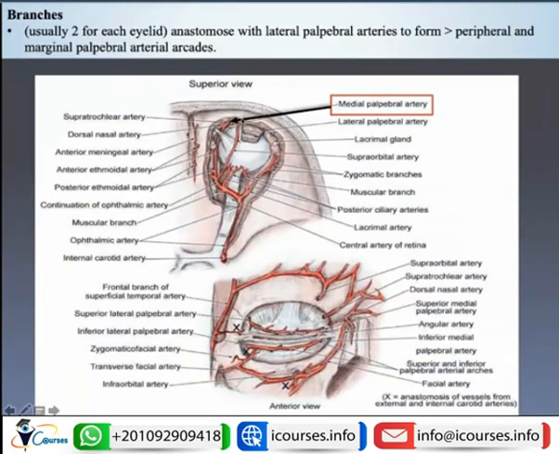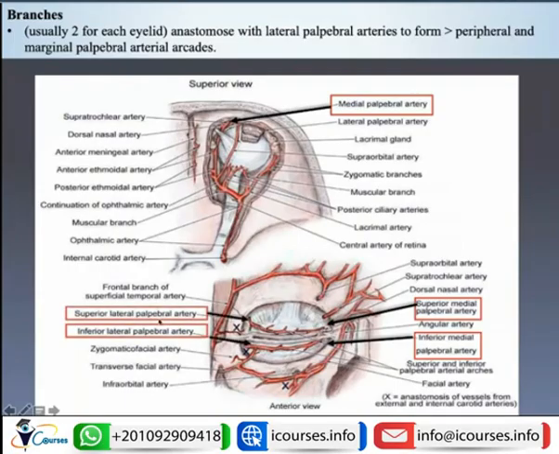So here is the medial palpebral artery, and we have two medial palpebral arteries that divide into superior and inferior branches to make the marginal arcade in the upper and lower lid, and to make the peripheral arterial arcade in the upper lid.